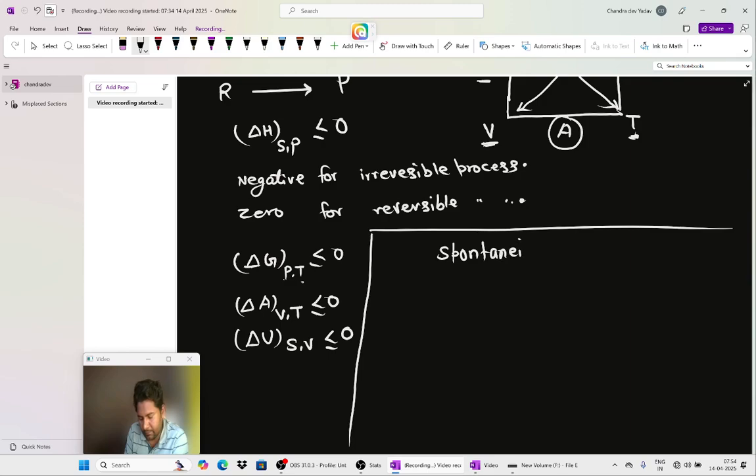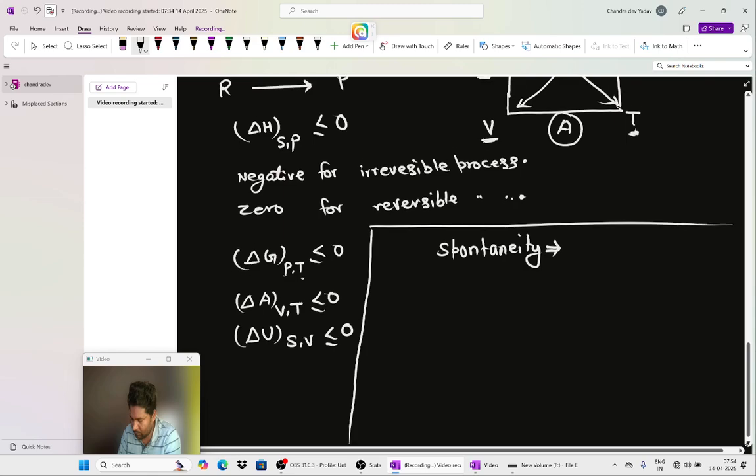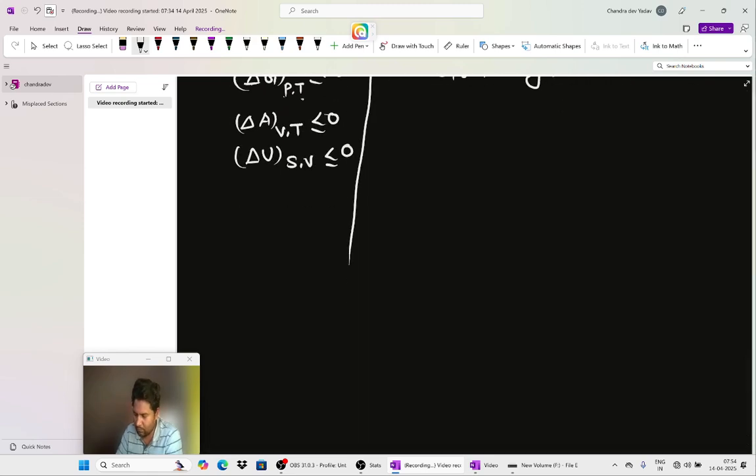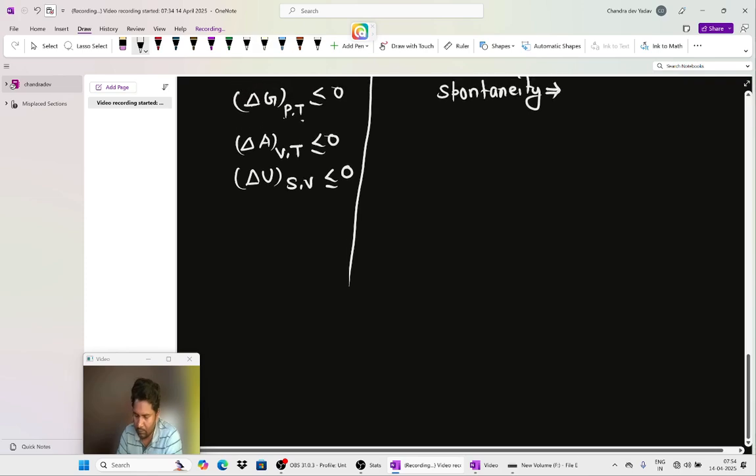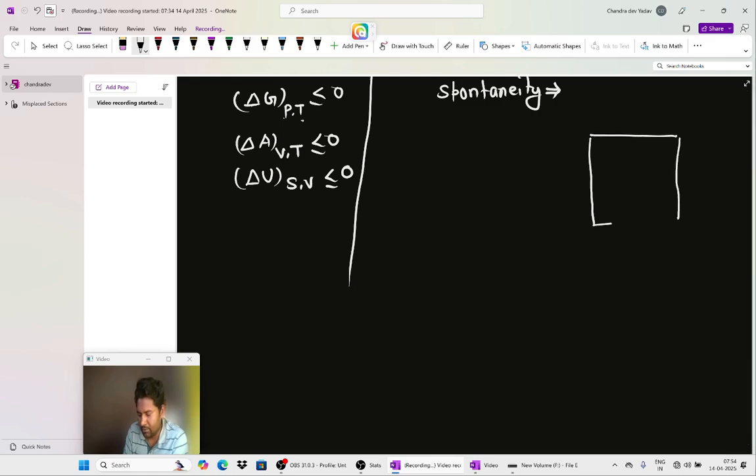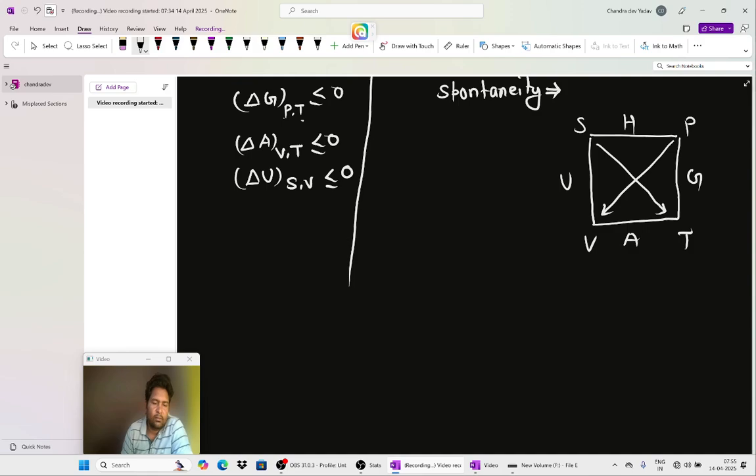Spontaneity. We can draw here the Maxwell square: S, P, B, T, H, G, A, U, with an arrow from S to T and T to A. This is the Maxwell square. Or we can use entropy change.